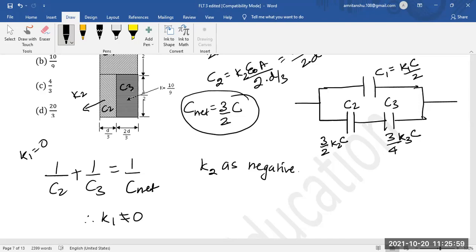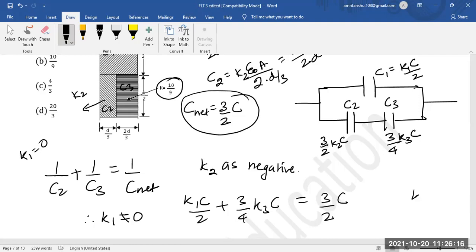And when we put this K1C by 2 plus 3 by 4 K3C equal to 3 by 2, and solve the whole thing, K3 is given as 10 by 9. So when you put this, you get the answer of K1 as 4 by 3. I'm not solving this here, I've already solved it, so please solve it and see it for yourself.